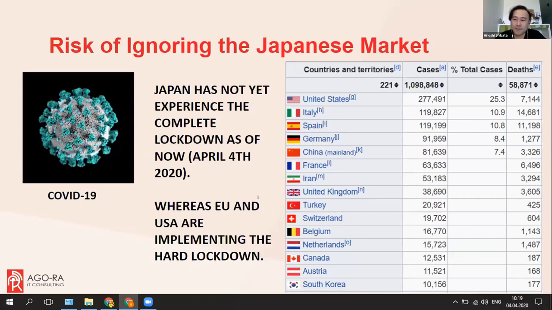This is a benefit: you diversify the risk by acquiring a new market, such as Japan. Japan is too big to ignore as a market, and I think this whole situation right now has proven that Japan is a market that you should focus on.